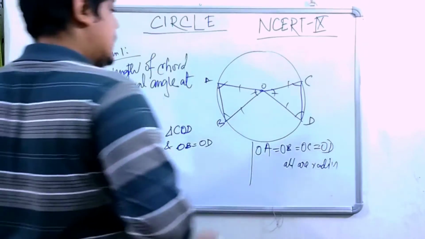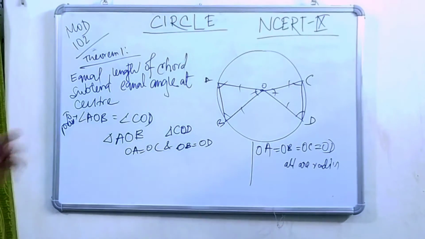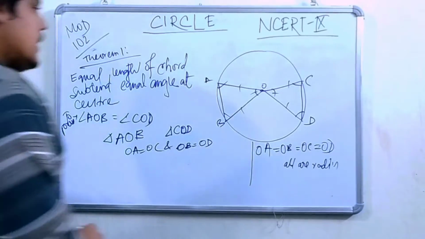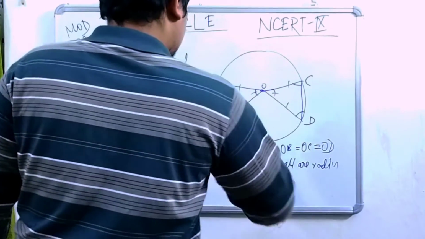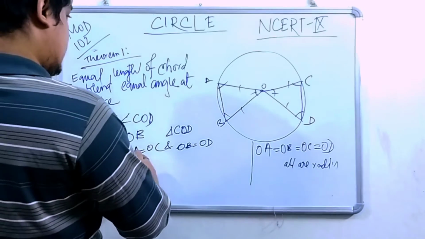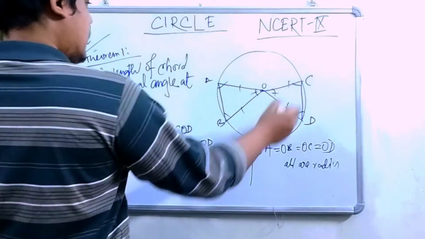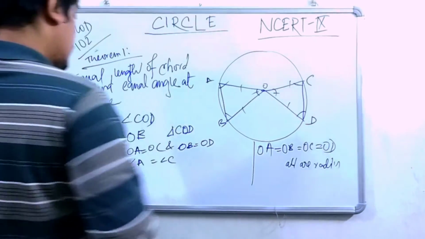Previously I proved that an isosceles triangle has this property. So considering angle A here and angle C here, both will be equal.